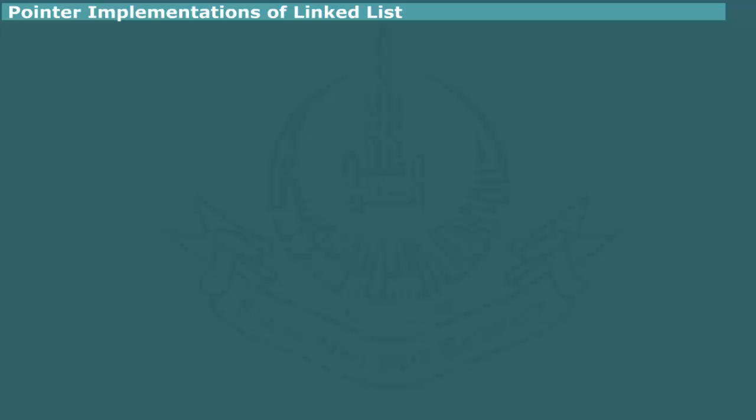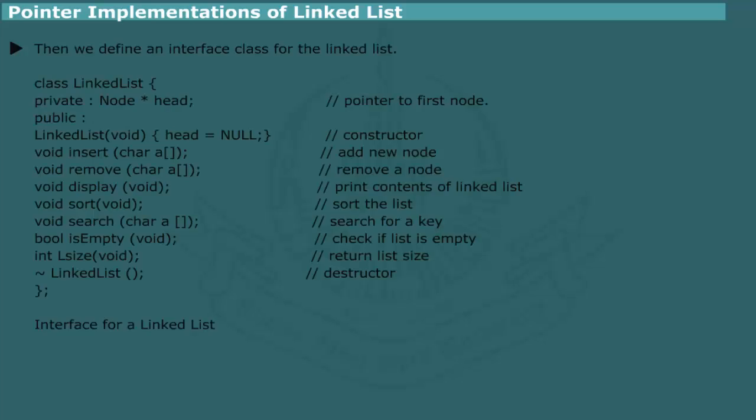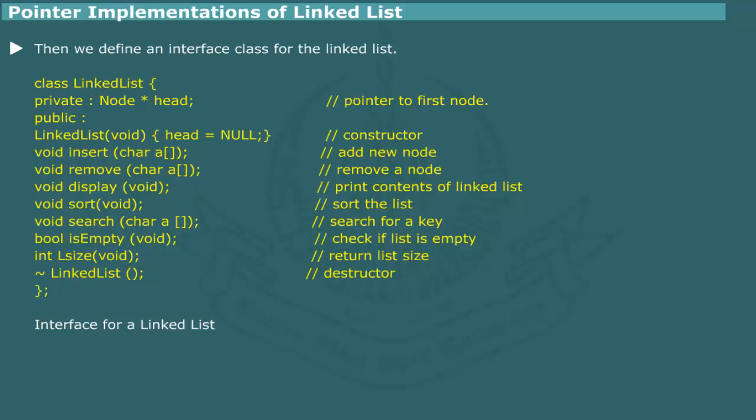After having specified the structure of a node, we can define an interface class for the linked list. Figure shows the basic structure of the class called linked list. It contains a private member head, which is meant to point to the first element in the list. In the constructor, it is initialized to null value.